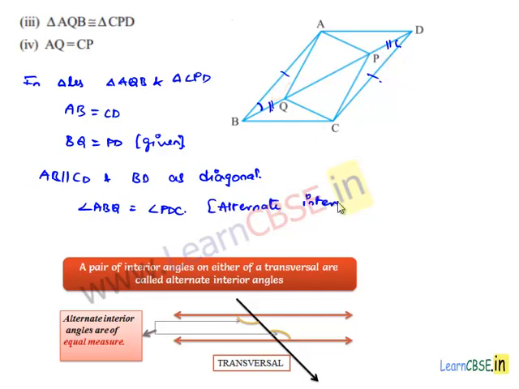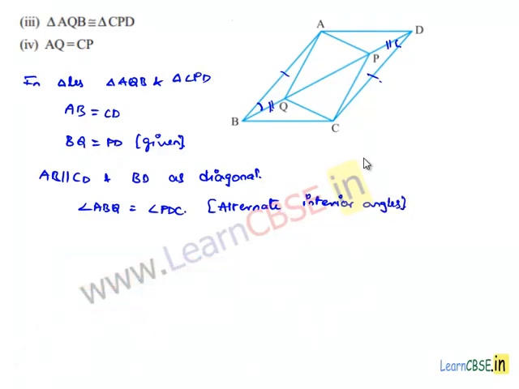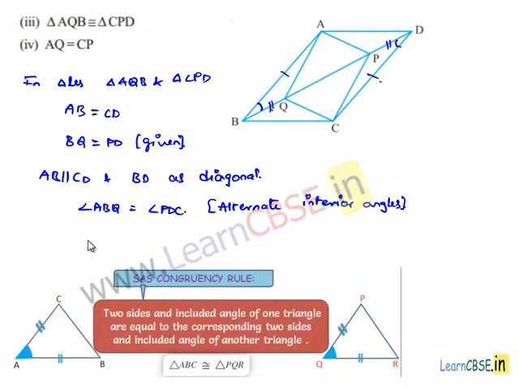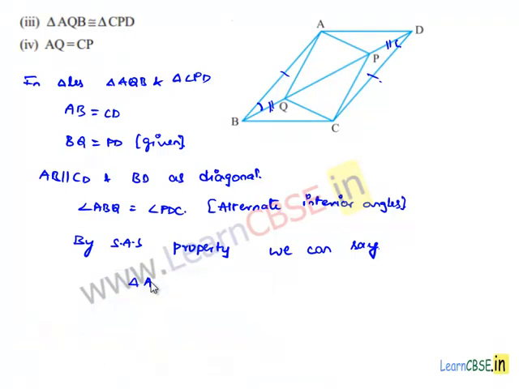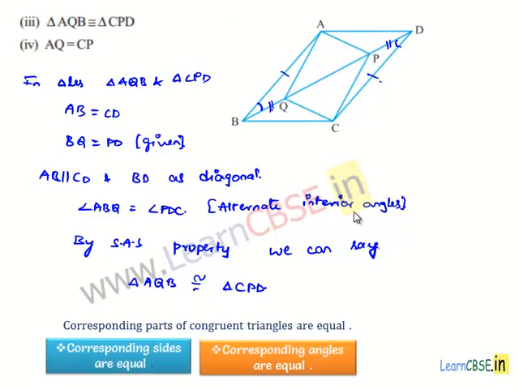Now the two corresponding sides and the corresponding angle of both the triangles are equal. Therefore, by SAS property, we can say triangle AQB is congruent to triangle CPD. When two triangles are congruent, we can say the corresponding angles and corresponding sides can be equated.